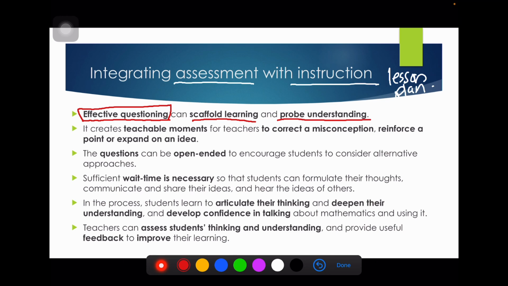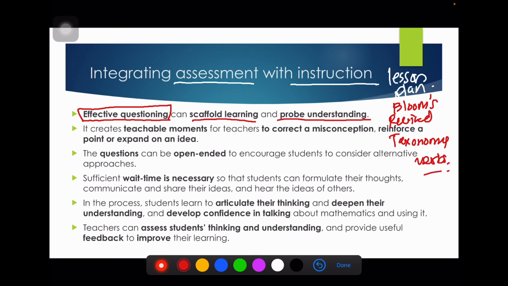So, how to question correctly is something that you need to master and you need to know how to do. Use Bloom's revised taxonomy verbs to form your questions.